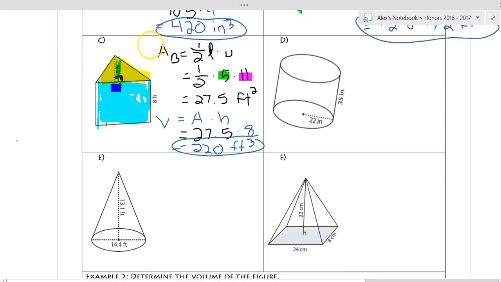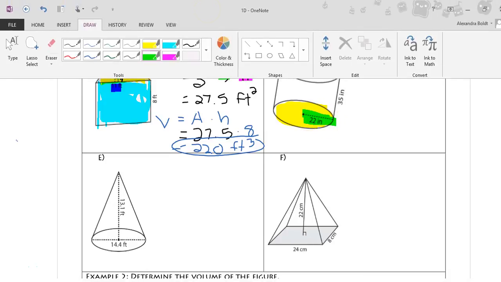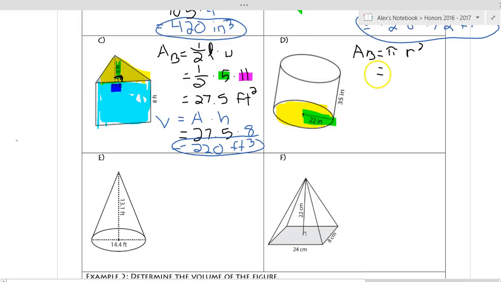Alright, then I have a cylinder. Now I start with the area of a circle. The area of my base is pi r squared, and my r is the radius. So I have pi times 22 squared.